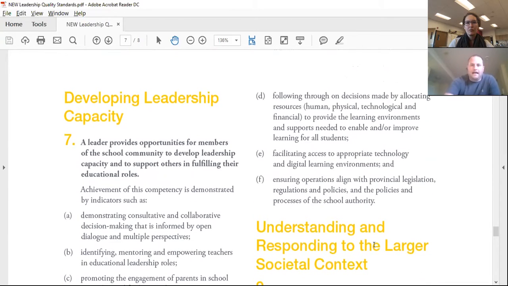Then looking at D, and D is a fascinating descriptor, as it says, following through on a decision made by allocating resources, human, physical, technological, and financial, to provide the learning environments and supports needed to enable and or improve learning for all students. As we'll touch on later, it's the idea of human capital.